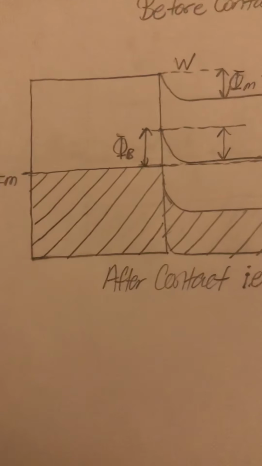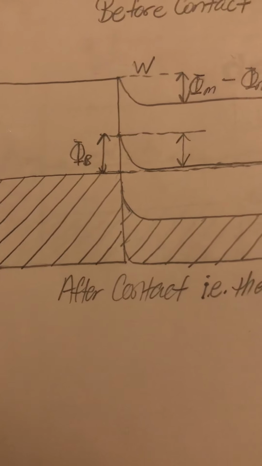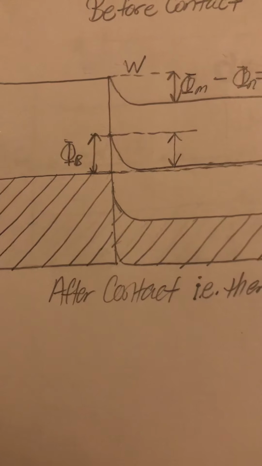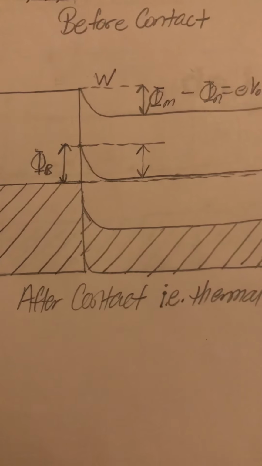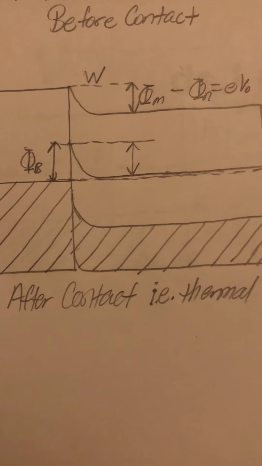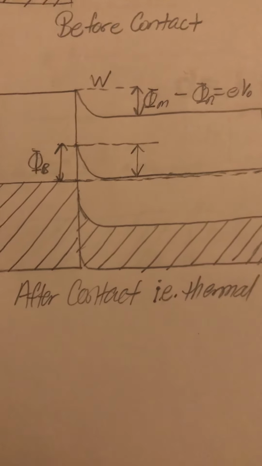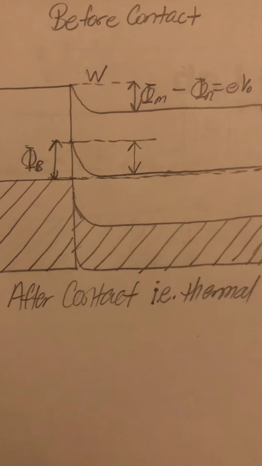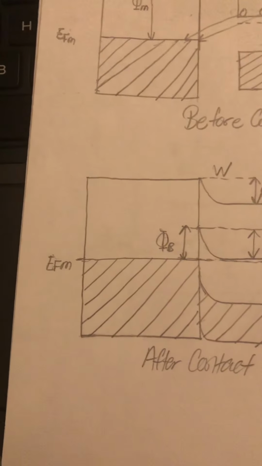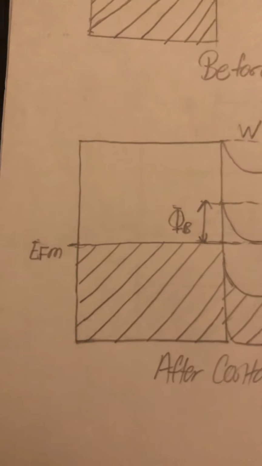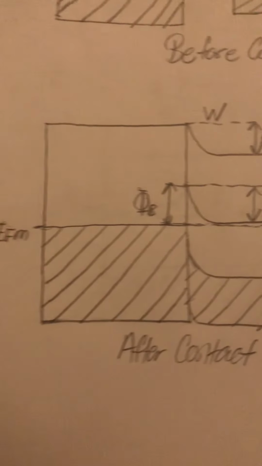In contact here, we're assuming that when the two solids touch, the more energetic electrons in the conduction band of the semiconductor can readily tunnel into the metal in search of lower empty energy levels just above the Fermi energy level of the metal. So that's why you have the contact right here.